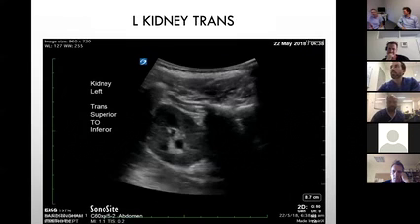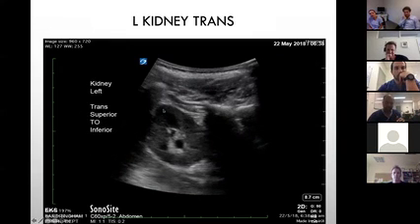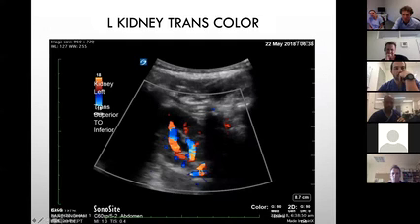All right. So once you finish with the long axis, you go to transverse views. Ideally, you need to measure your superior pole on a transverse view and the mid or the hilar region of the kidney, and then a slice of your inferior pole. All right. So you just keep going. When you're coming to mid-level, you should see the renal vessels coming inside. So you take a color flow sample on the mid.